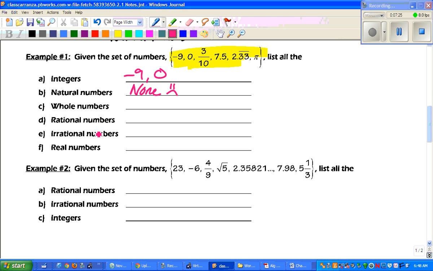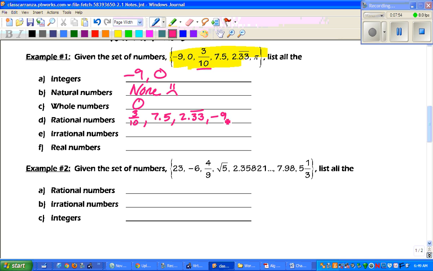In this one there are none. Whole numbers here, there's only one whole number, and that is the number 0. Rational numbers we talked about could be fractions. They can be decimals. They can be repeating decimals.